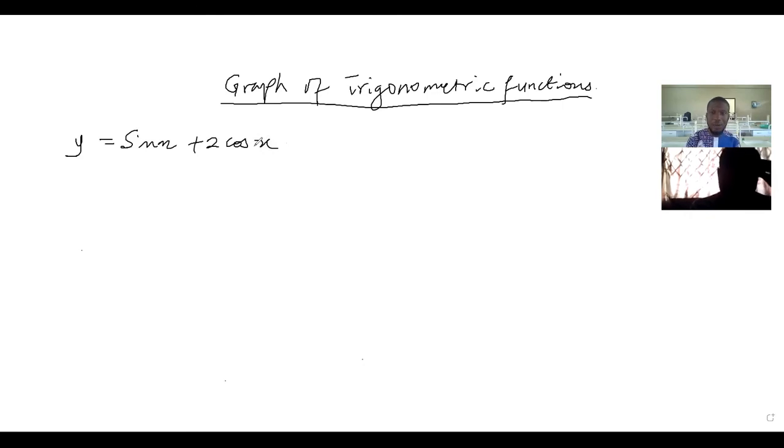Because of that, I'll come back and change the intervals to 20 instead of 30. Using a scale of 2 centimeters to 20 degrees on the x-axis, no more 30, because I've changed the curve.